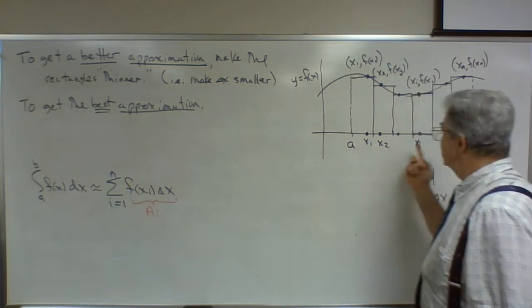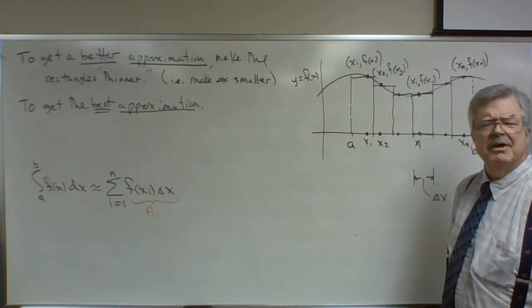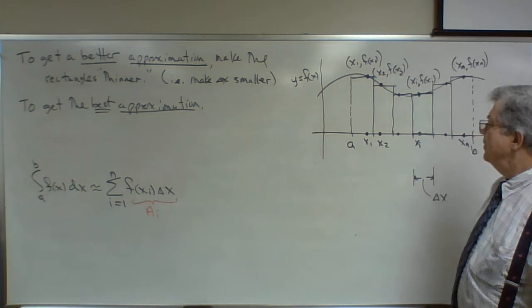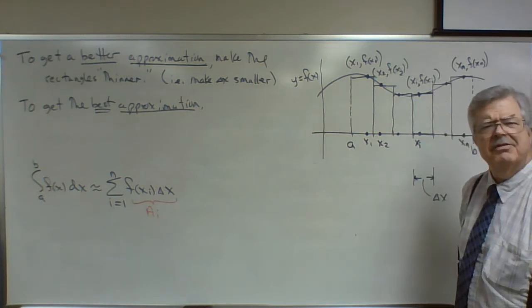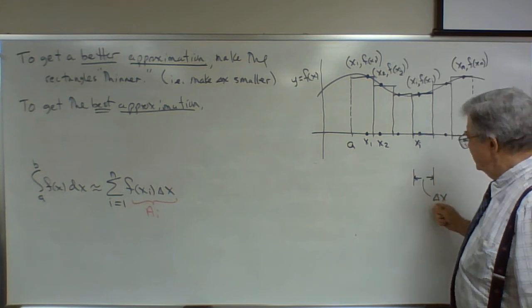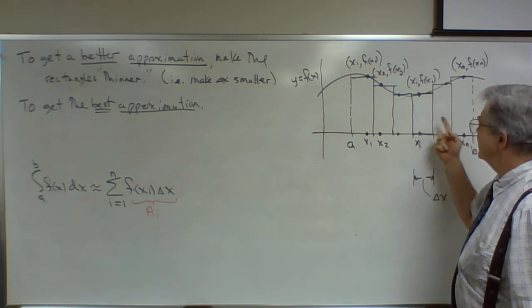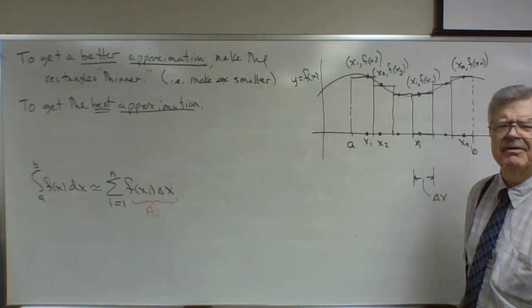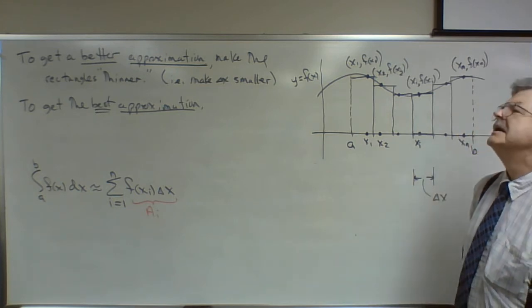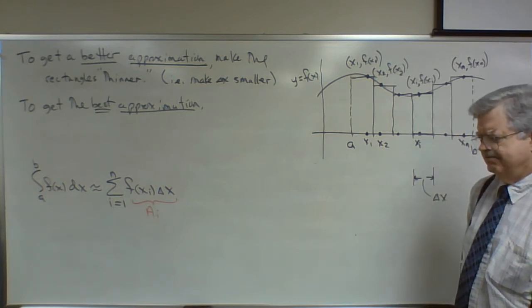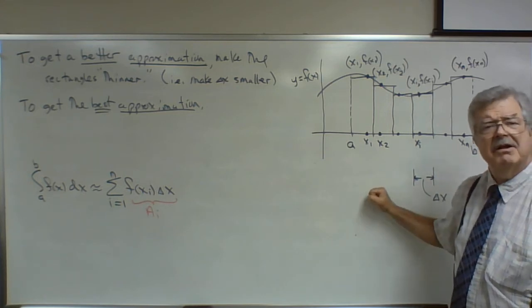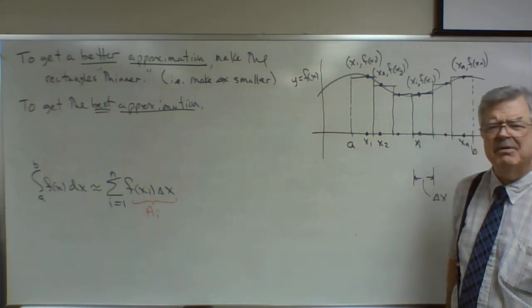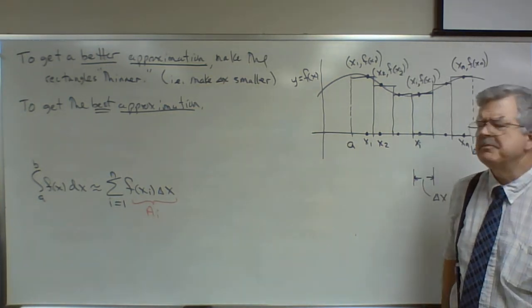We could make delta x equal to 0, but we'd have a rectangle of height f of x sub i and width 0. If we make delta x 0, we've got a bunch of rectangles that have width 0. That's not going to work. Well, we still want to make delta x as small as we can, but we can't make it equal to 0.